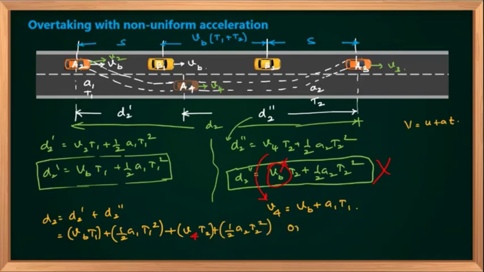Or you can say it as, better, S1 and S2: S1 plus vb into t1 plus t2 plus S2. Is that clear?